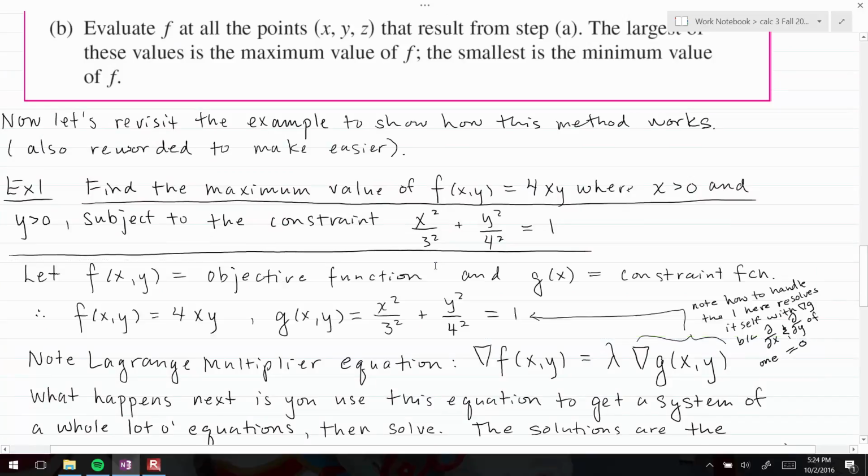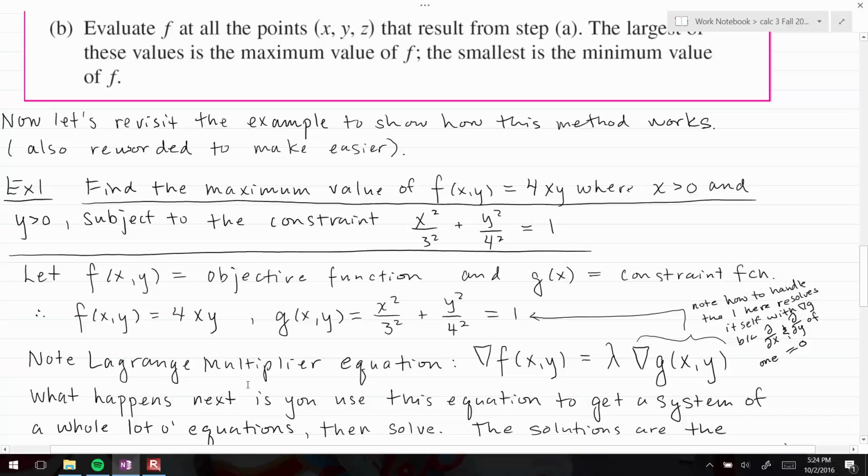We're already given 4xy, which again was the area of that rectangle. This is what we're trying to maximize, and we call that the objective function. And g of x, y is the constraint function, which in our case was this ellipse. A little weird thing with this one is that it also equals 1.